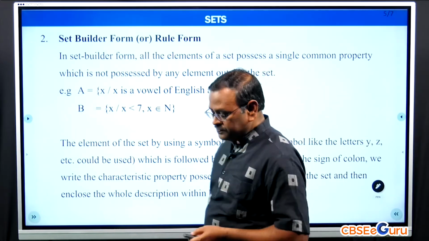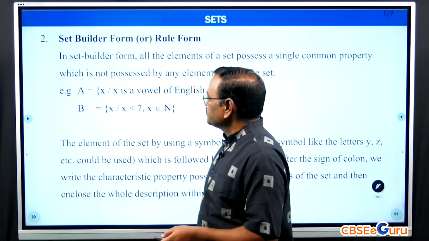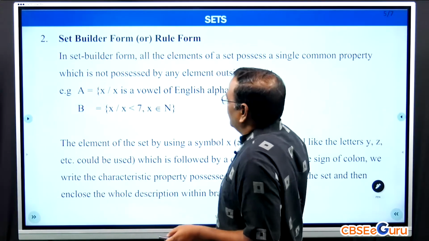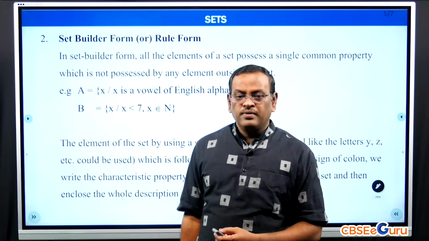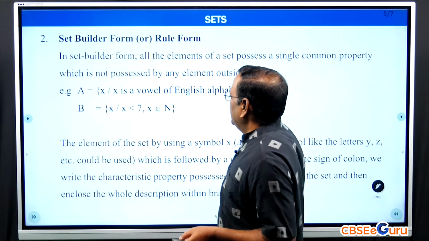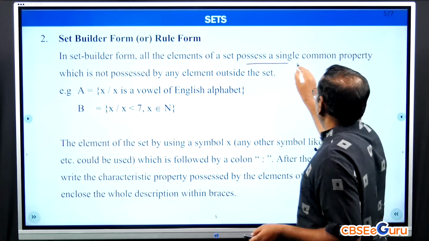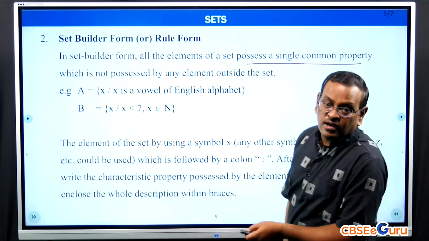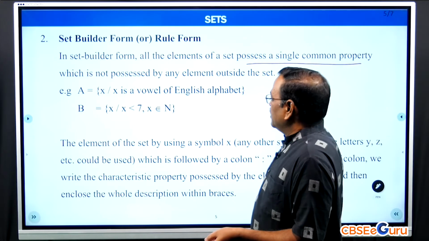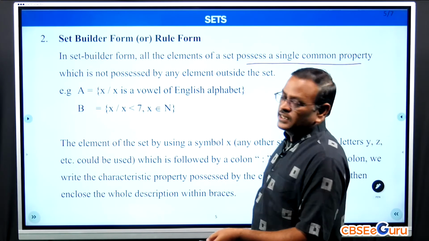Another representation of a set is the set builder form or rule form. In set builder form, all the elements of a set possess a single common property which is not possessed by any element outside that set.